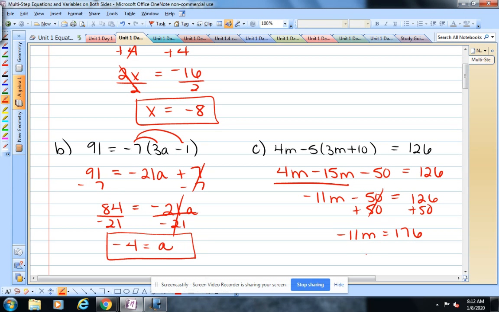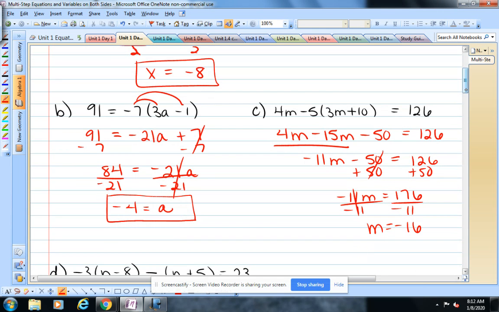Yes? So if I was to accidentally have added 50, you can still get the right answer, yes. It's a personal preference to me to get everything down to one variable and then get it by itself. And then divide by negative 11. M equals negative 16. Y'all agree? Okay. Any questions?